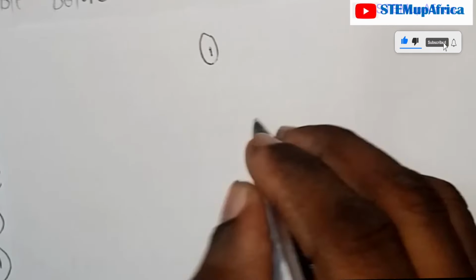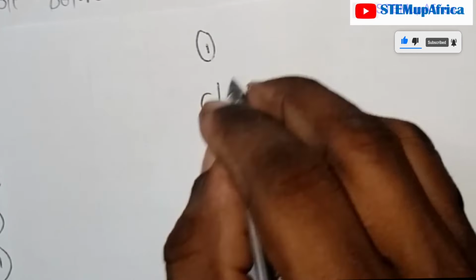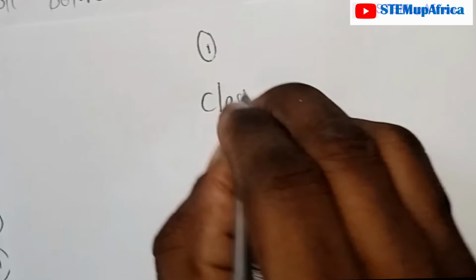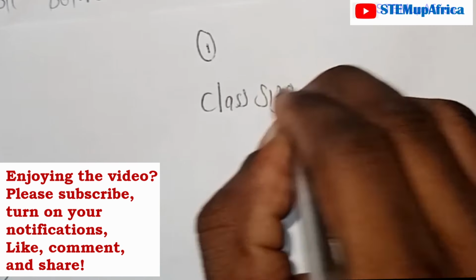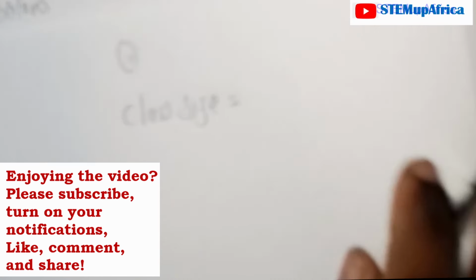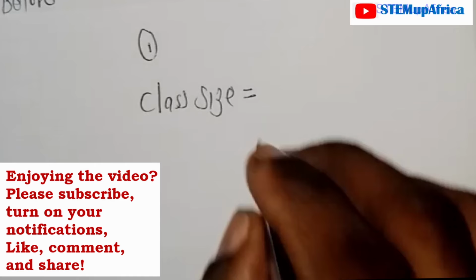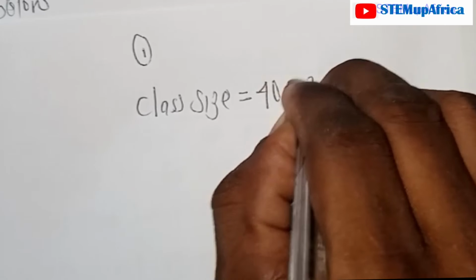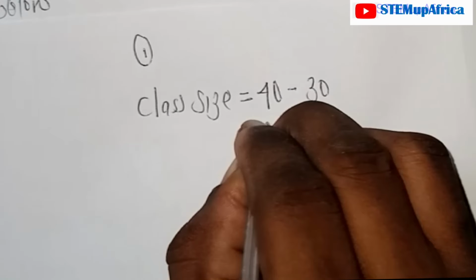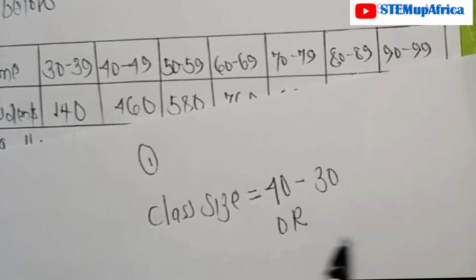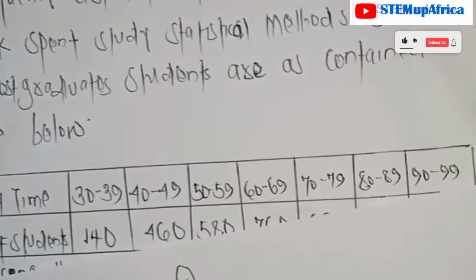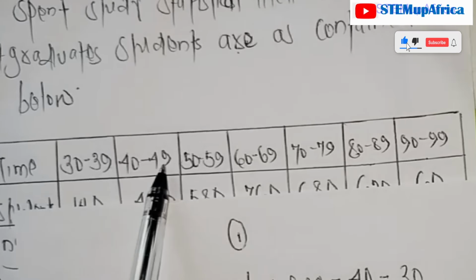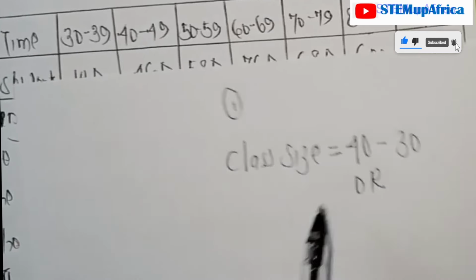So Roman figure 1, my class size is simply 40 minus 30, using the lower class interval now, or I may choose to use the upper class, 49 minus 39.